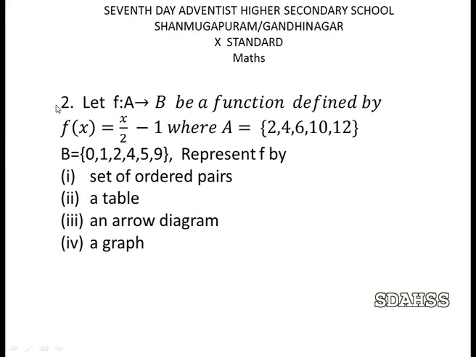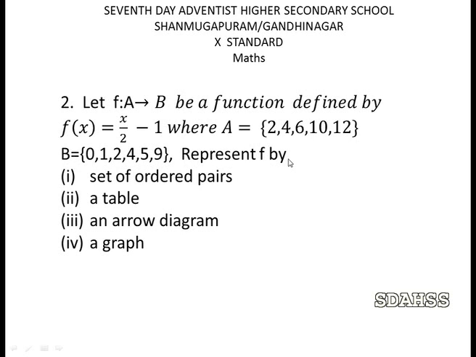Exercise 1.4, second sum. Let f: A → B be a function defined by f(x) = x/2 − 1, where A = {2, 4, 6, 10, 12} and B = {0, 1, 2, 4, 5, 9}.